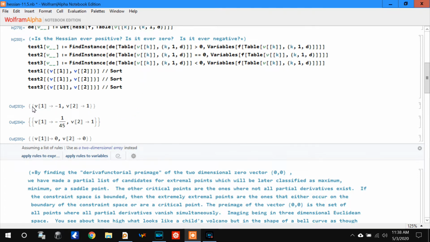That would have been interesting if one of these had no points. Then that would tell you something like the determinant's never negative, or never positive. If you know the determinant's never positive, then you know this Hessian test will never tell you anything. The Hessian test doesn't tell you anything if the determinant is negative.